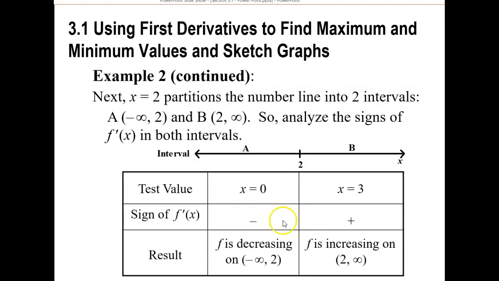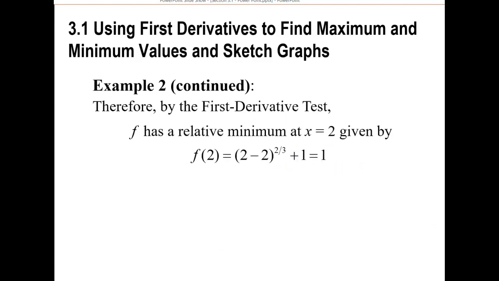Remember, decrease to increase, going down and then coming up, would have to give you a min. F has a relative min at 2, so you plug 2 into the original function to get that ordered pair. f of 2 gives us 1. So the ordered pair (2, 1) would be a relative min.